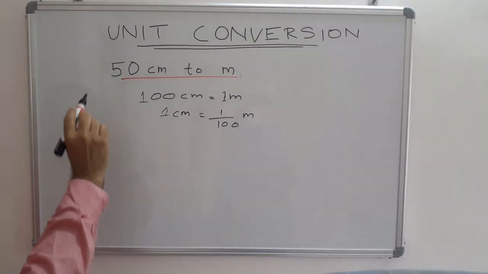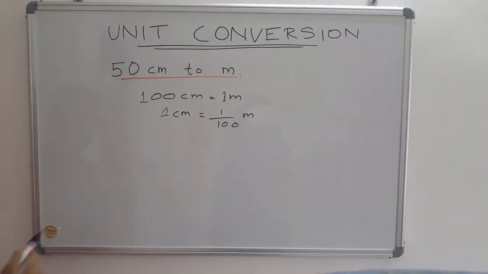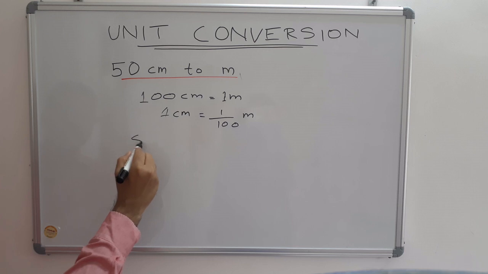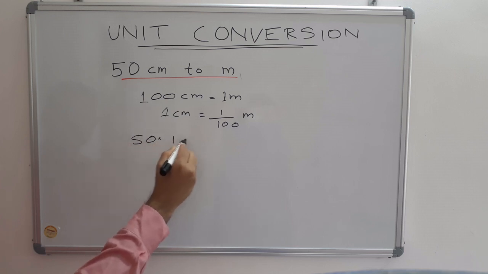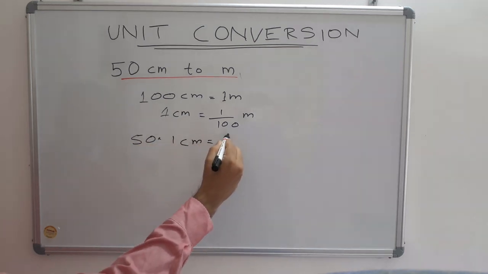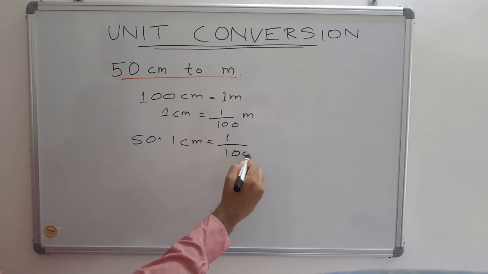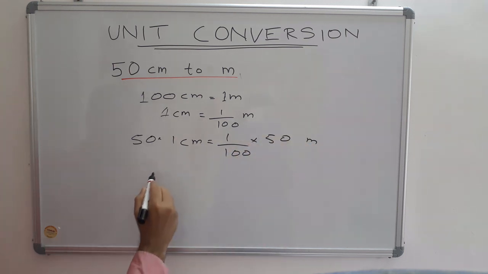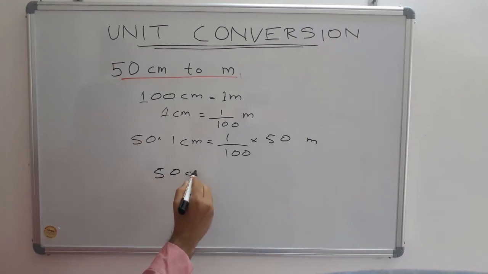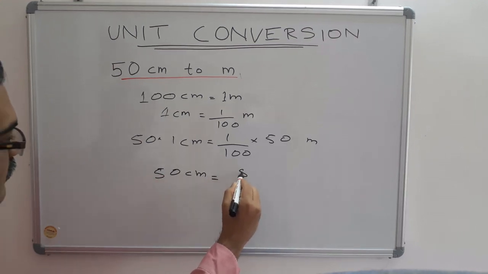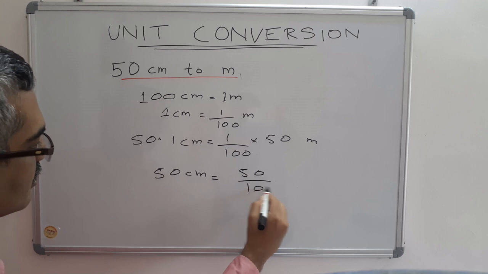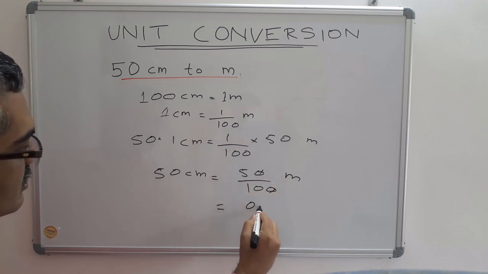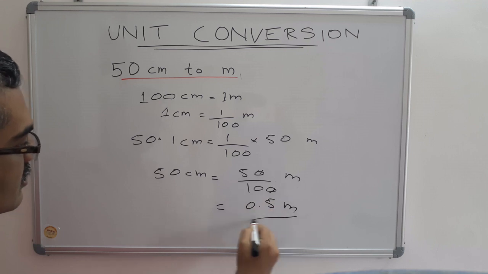That is, in order to find what is 50 centimeter in meters, just multiply the entire equation by 50. That is 50 into 1 centimeter equal to 1 by 100 into 50. That is 50 centimeter equal to 50 by 100 meter. That is nothing but 0.5 meter.